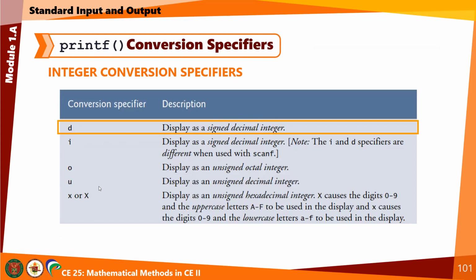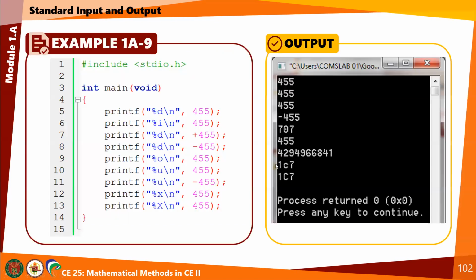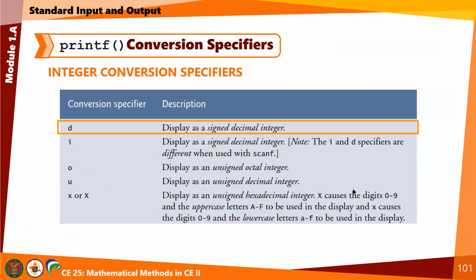Okay. Sige, ang kailangan nyo lang tandaan dito is this %d. So yun lang yung ginagamit natin. And then, okay, so exploring all of this naman is dito naman siya. Okay, so just explore all of this if you want.